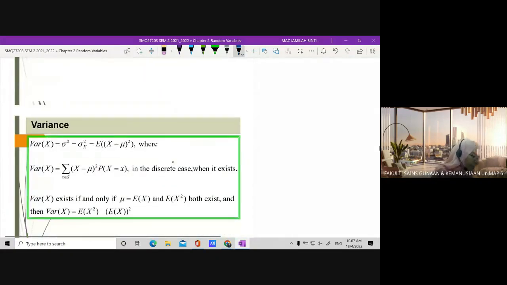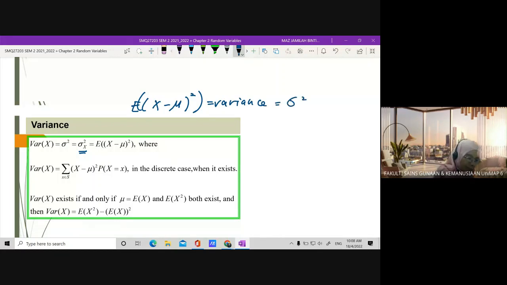What about finding the variance? The variance of x, known as sigma squared of the particular random variable x, is obtained by E of x minus mu, the mean, squared. Sometimes we call it sigma squared, or to be specific, sigma x squared. Now the variance of x can be obtained using this one for a discrete random variable.